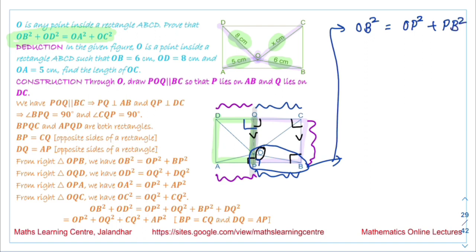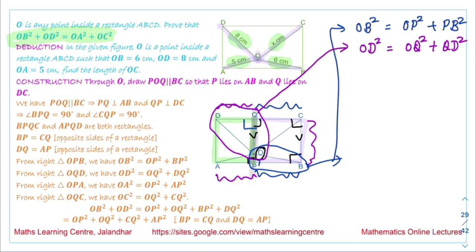Next we are considering the triangle OQD. For this triangle we are saying OD square is equal to OQ square plus QD square.